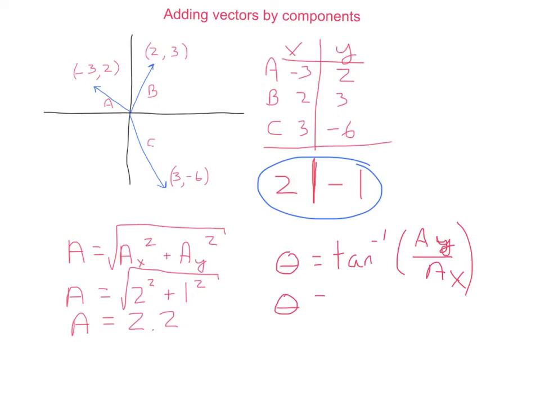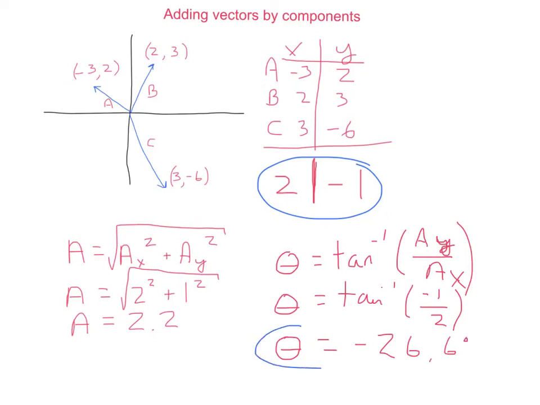So theta is equal to the arctan of negative 1 divided by 2. And when we plug that in, notice that's a negative number. What you end up with is a negative angle, 26.6 degrees, and that's negative.